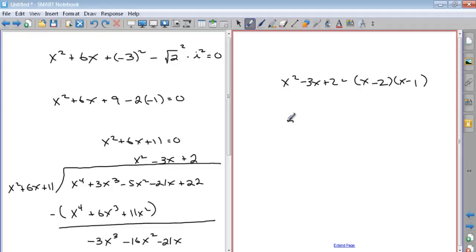So the zeros are the original one that was given, negative 3 plus the square root of 2i, there is negative 3 minus the square root of 2i, and then we have x equals 2 and x equals 1. And those are the 4 zeros that we have.